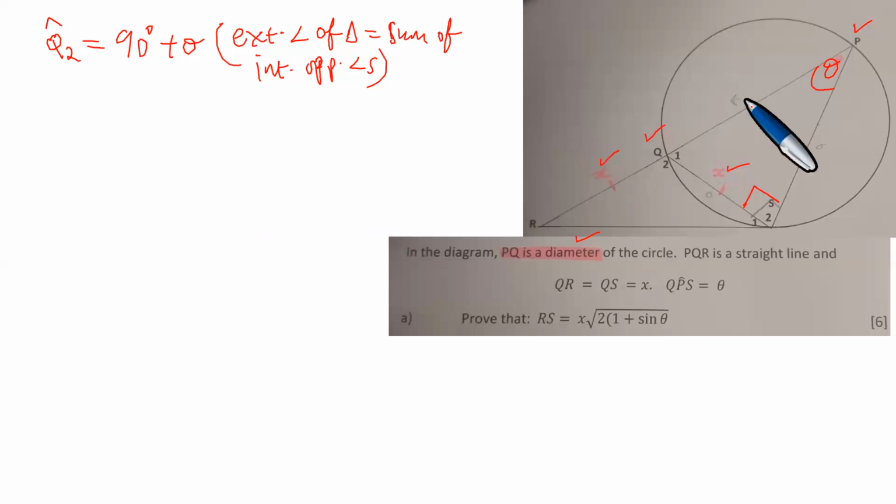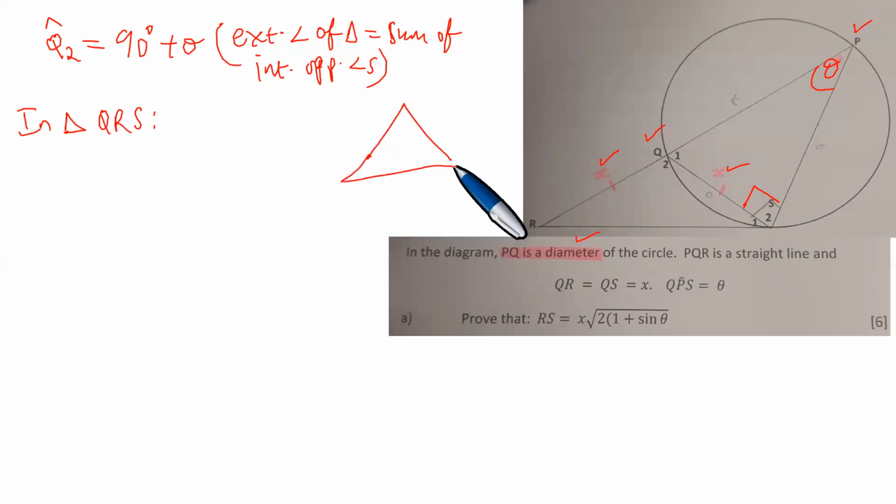Right, so we need right now to actually work in a specific triangle. We're going to work in triangle QRS. Working in triangle QRS, we have the triangle here like this.